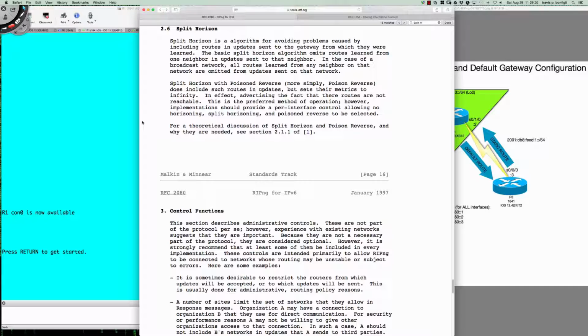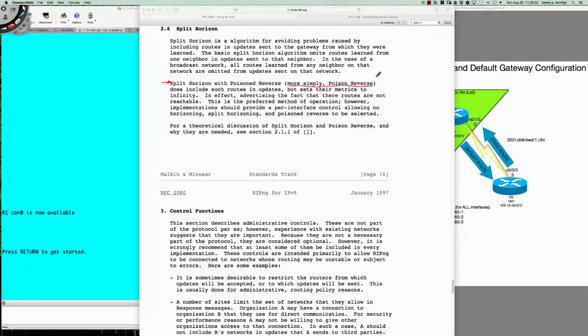As you can see, I have up in the front of my screen RFC 2080, which is the RIPng RFC. One of the key points is right in this sentence: it says split horizon with poison reverse, and more simply poison reverse.